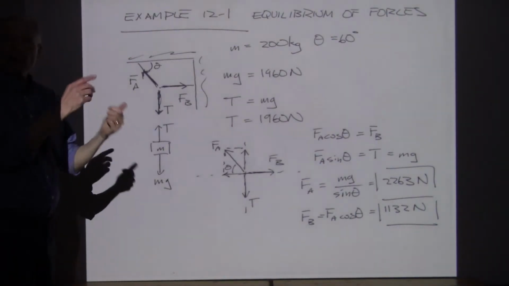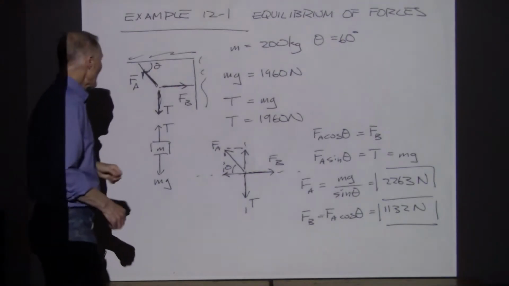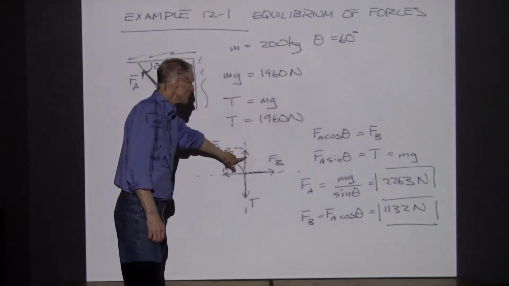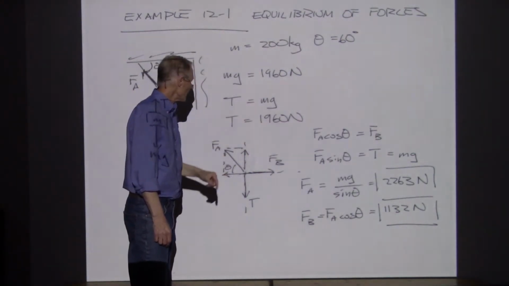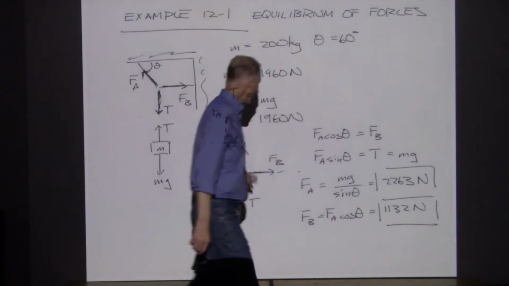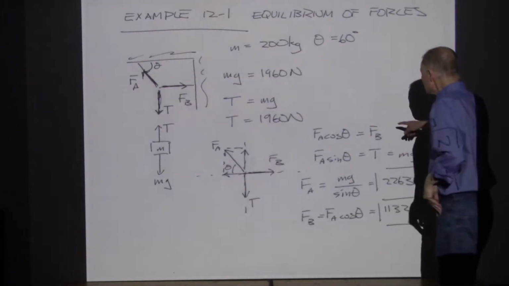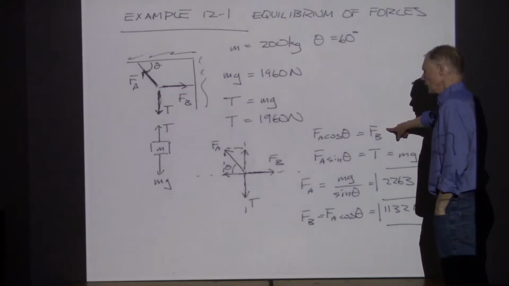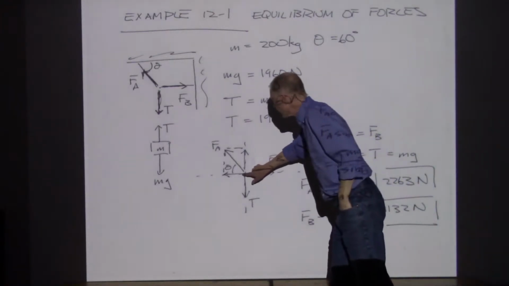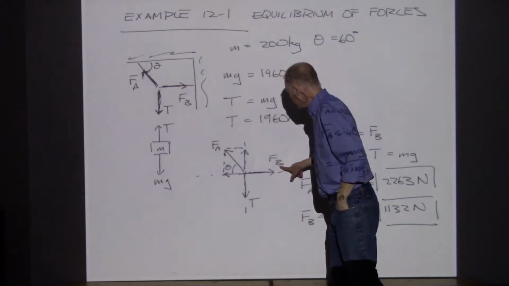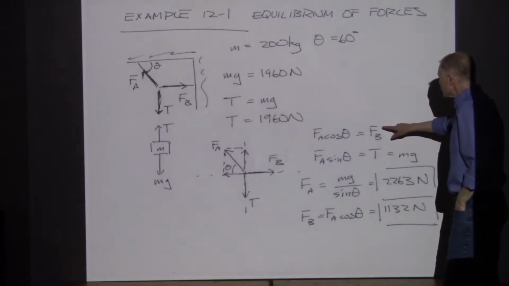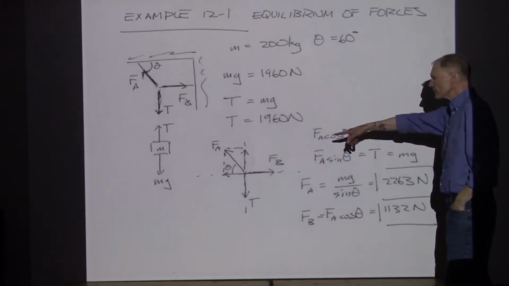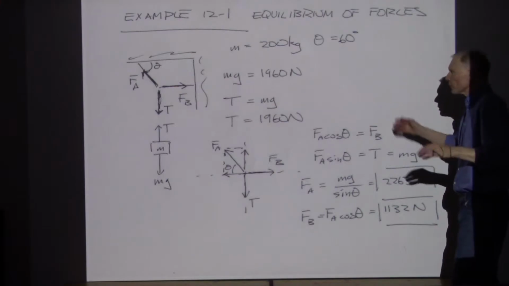So FA can be divided into two components. And the horizontal component of FA is going to be FA cosine theta, and it needs to match force B. So force B is equal to FA cosine theta.